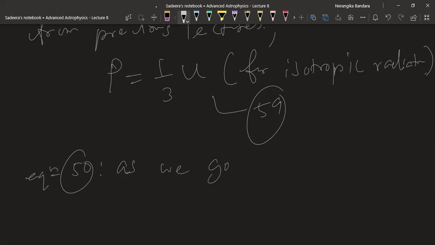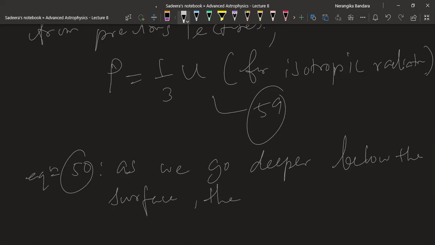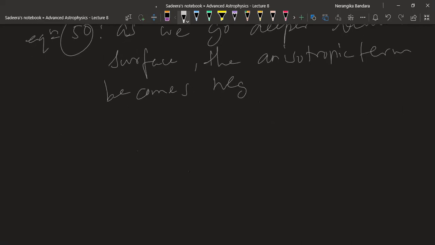As we go deeper below the surface, the anisotropic term becomes negligible.